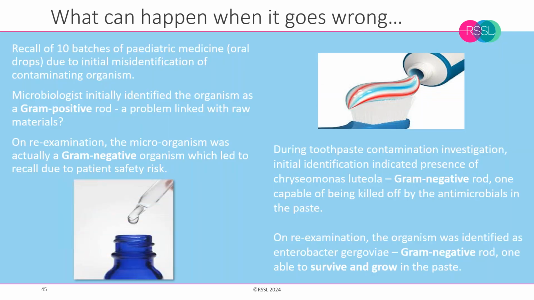So things can go wrong, and there are just a couple of cases on the slide of what can happen. We can end up with recalls. We can also end up releasing products and then having to pull them back because we've suddenly realized that the identification result is wrong.